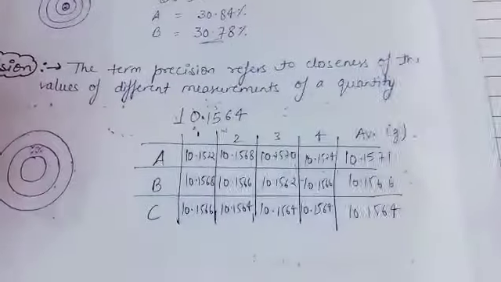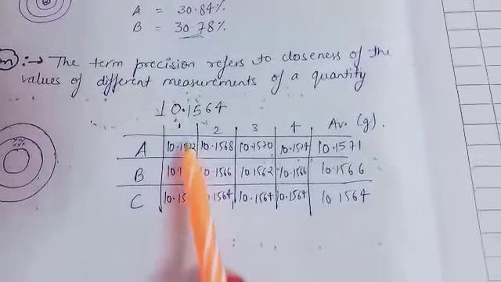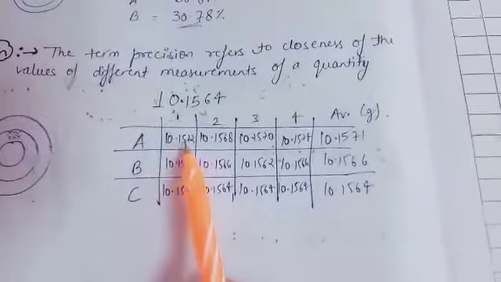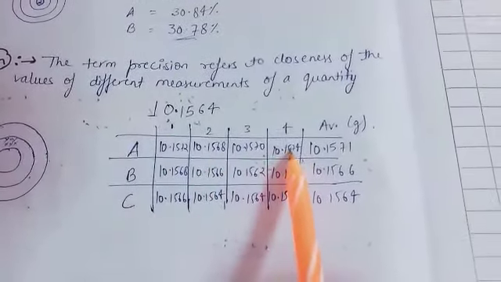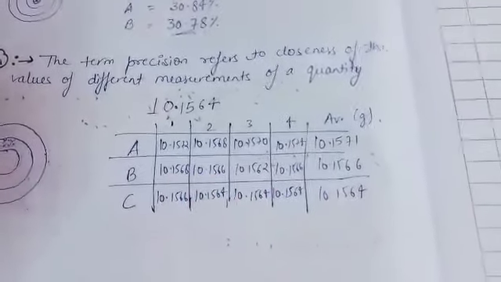Now check in this one, these values are not correct. In this case it's 72, 68, 70, 74. Different values we have.